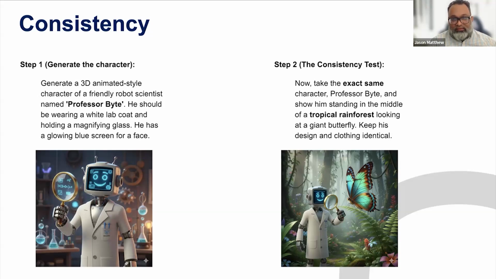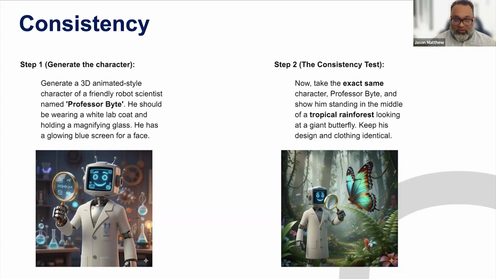And one of the things that Nano Banana was able to do was give character consistency, meaning that you could give one prompt and generate an image, and then give a second prompt and it will keep the components of that first image and just make adjustments to it, which was something that a year ago wasn't possible because if you give that second prompt, it will generate a new image. But now we can keep the character constant. So this is what I talk about with the consistency here.